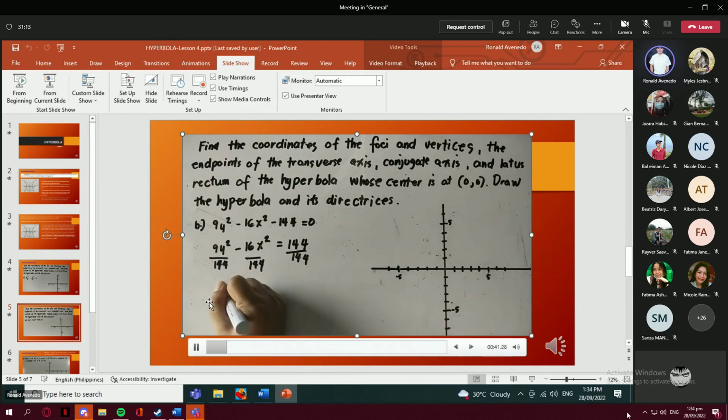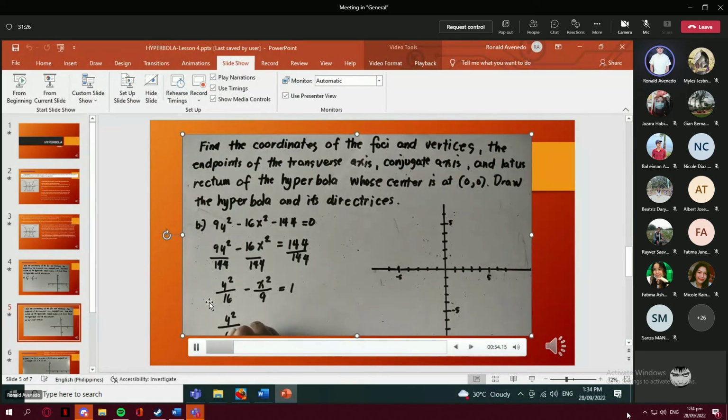So this is y squared over 16 minus x squared over 9 is equal to 1. The equation is in the form of y squared over a squared minus x squared over b squared is equal to 1.